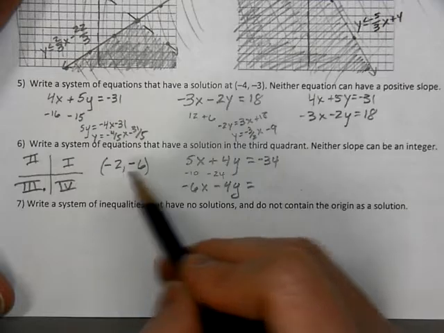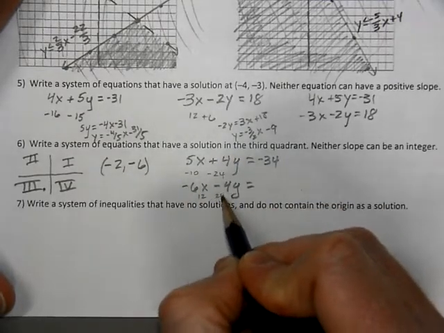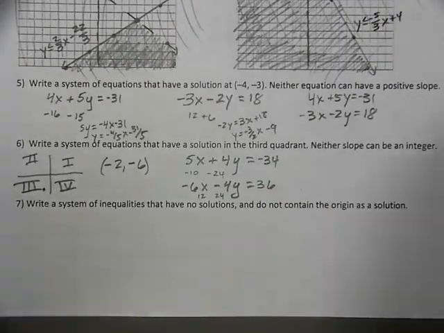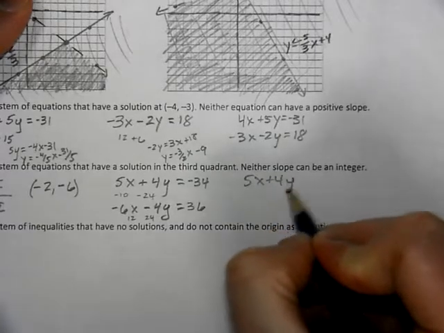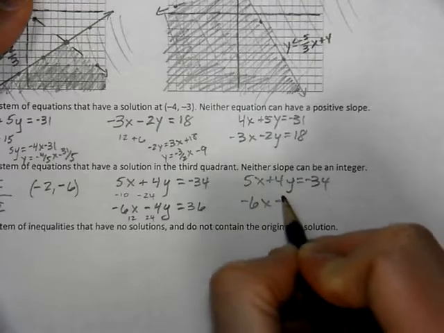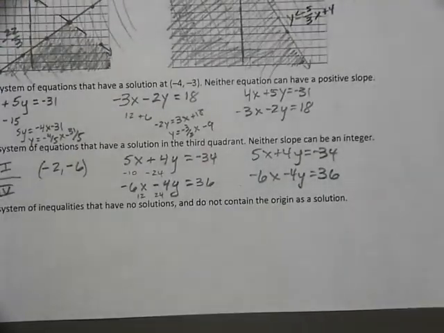So when we do our calculations, we'll get 12 and 24, which is 36. So there's our system of equations. 5x plus 4y equals negative 34, negative 6x minus 4y equals 36.